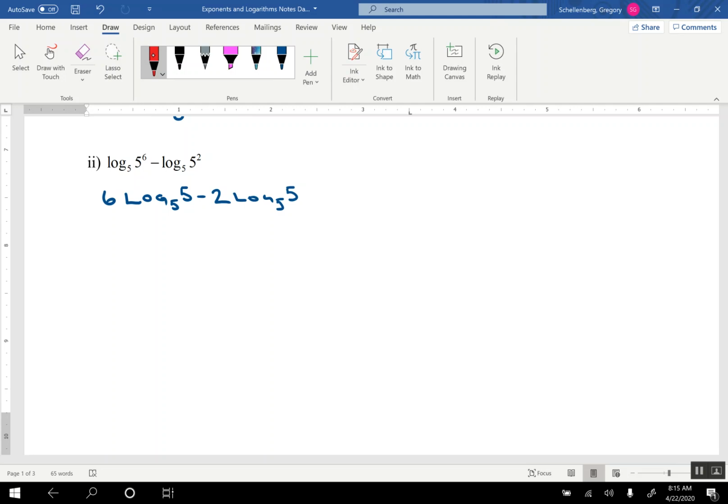And the log base 5 of 5, 5 raised to what power is 5? Well, 1 and 1. So ultimately we've got 6 times 1 is 6, minus 2 times 1 is 2, and our solution here is 4.